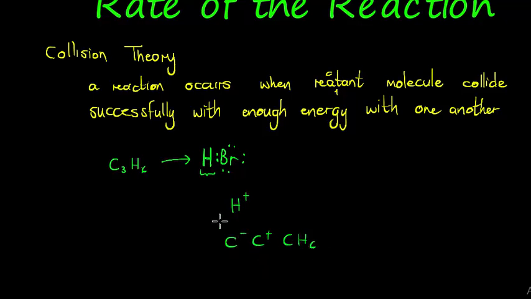Okay, so at this point there's this intermediate molecule, and these two end up forming a bond. Now this one needs an extra electron to become neutral, so the bromine would end up forming a bond with this one, because the bromine is also an intermediate molecule with a negative charge. And all of these happen because the particles are colliding with one another.